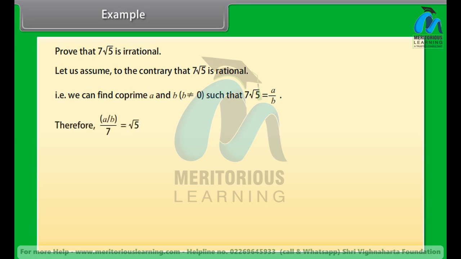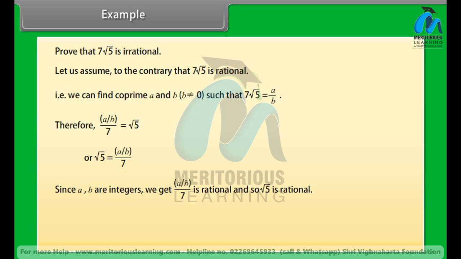Therefore, a upon b times 7 is equal to square root 5, or square root 5 is equal to a upon 7b. Since a, b are integers, we get a upon 7b is rational, and so square root 5 is rational. But this contradicts the fact that square root 5 is irrational.